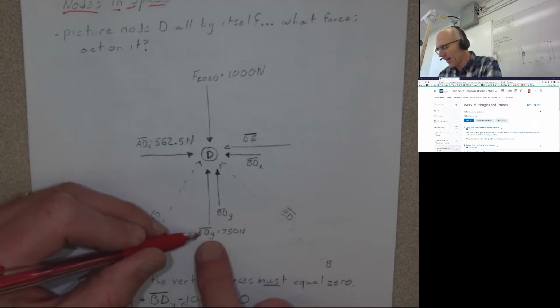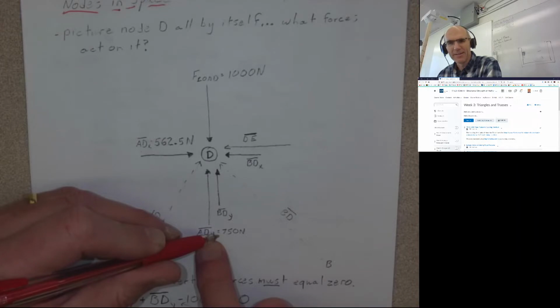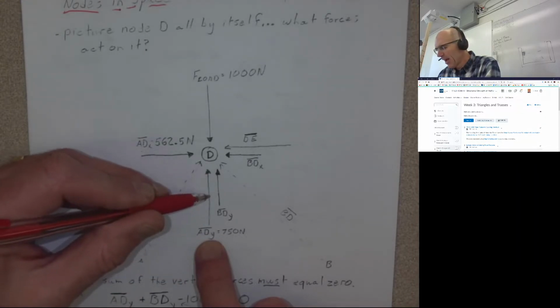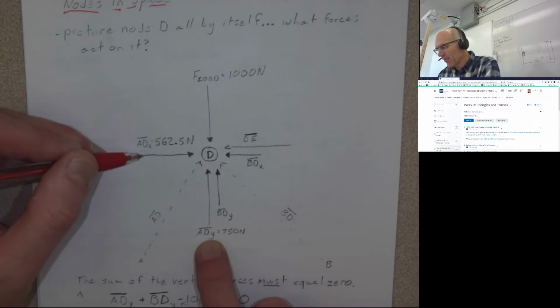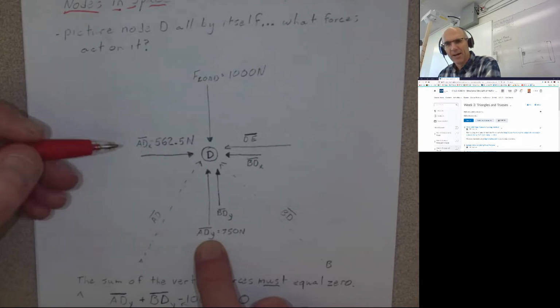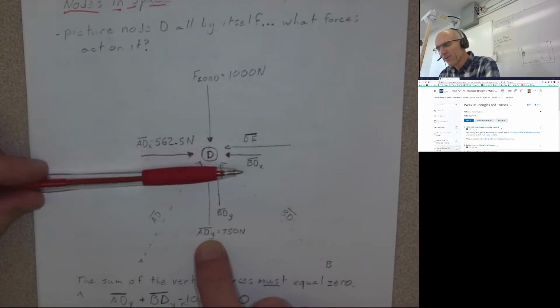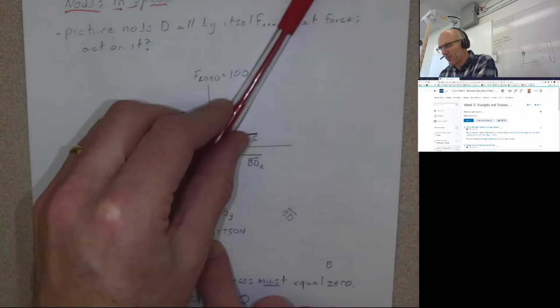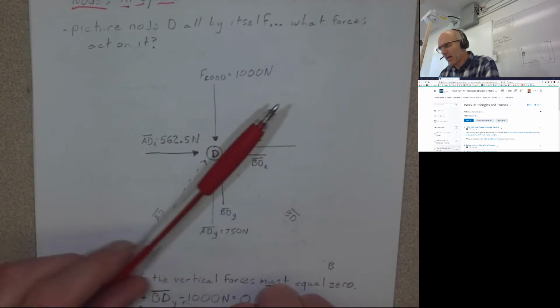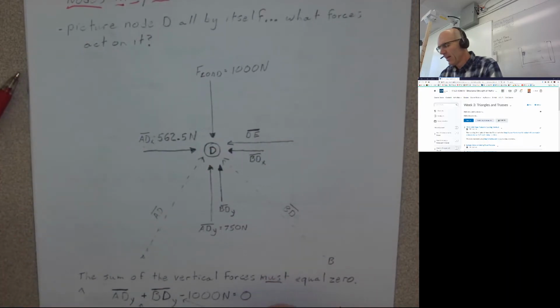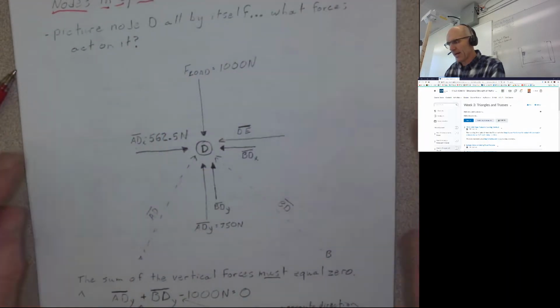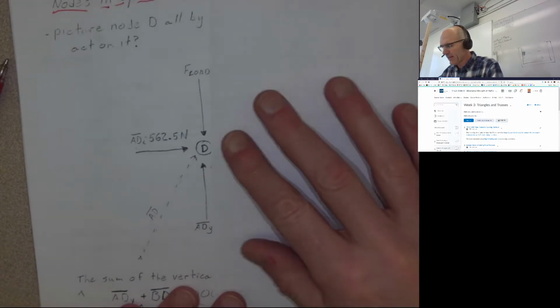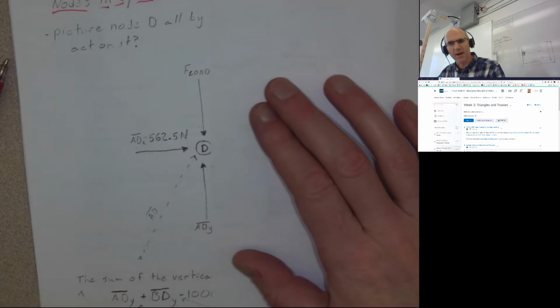Because we've got ADY that we know is coming up in here, and that's acting upwards. And we've got ADX, which is pushing over on here, because this is pushing at an angle coming through here. So part of that's pushing up and part of it's pushing over. So this side right in here is all what's coming up from AD.